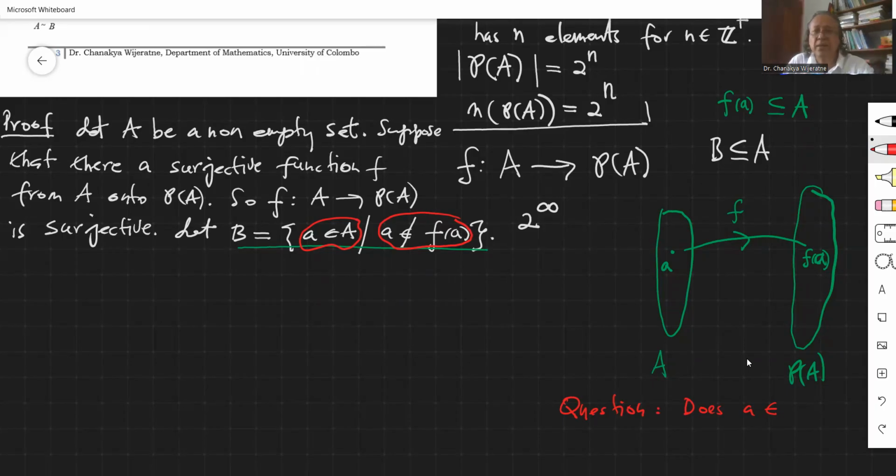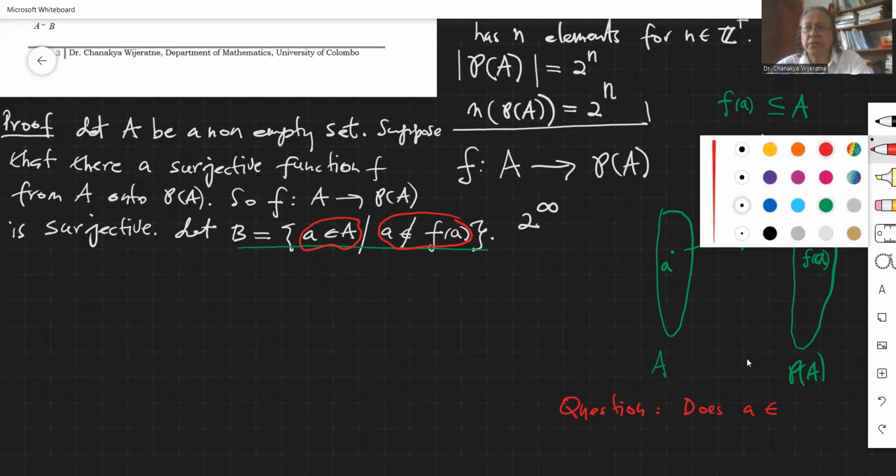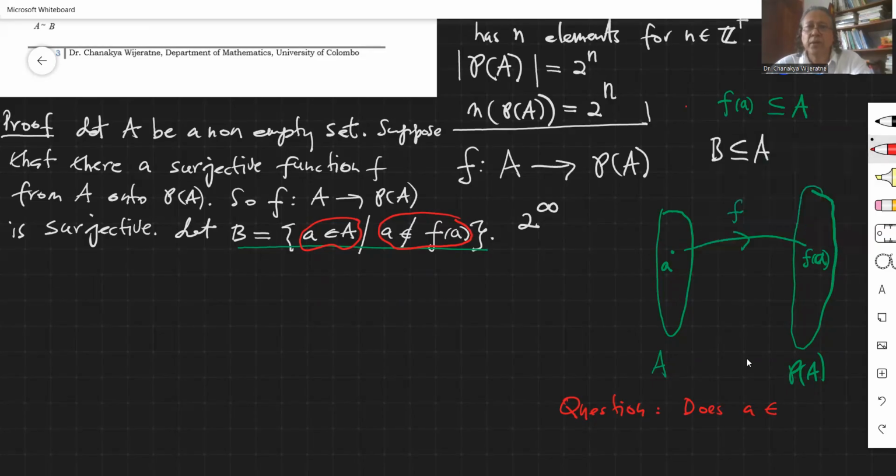Now, before that, we need to look at this B. So B is a subset of A, right? So it is an element here, and I'm going to put a dot here. So this is B. Since B is a subset of A, B is an element of the power set of A. So by a dot, I denote an element of the power set of A, but it is a subset of A, right?